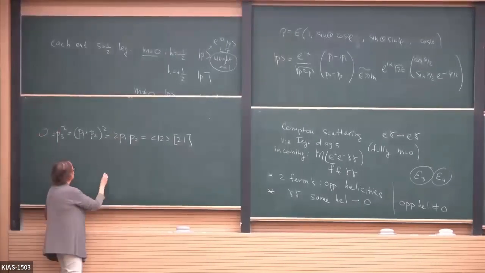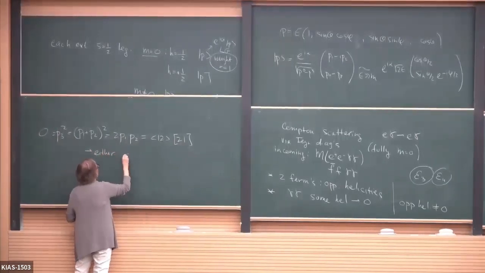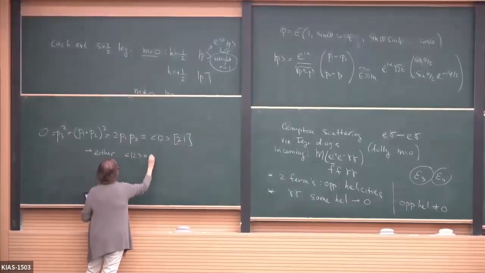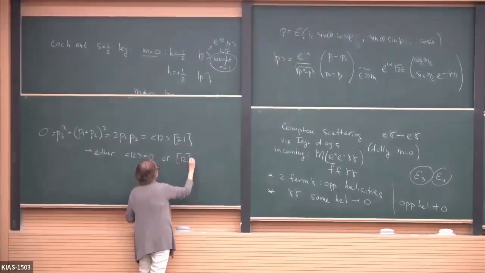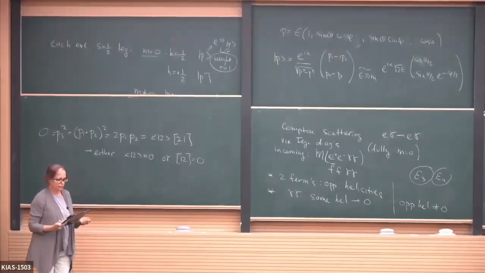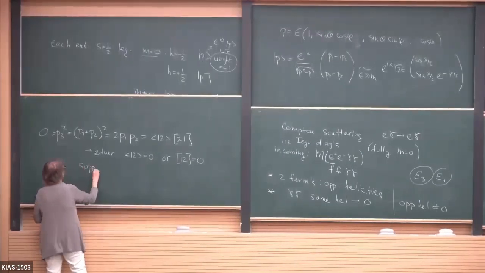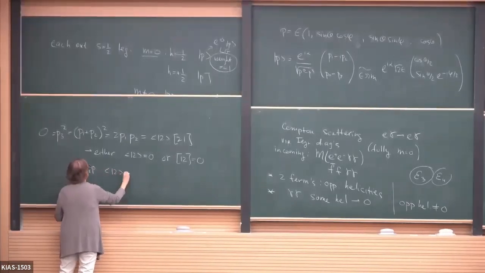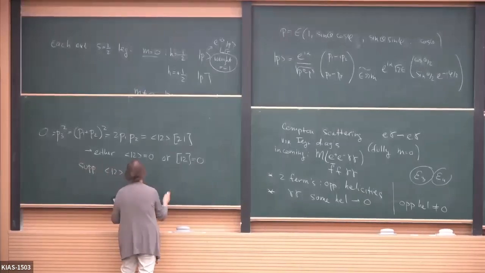So that tells us that either ⟨1 2⟩ is 0 or [1 2] is 0. They can't be non-vanishing together. So let's suppose that [1 2] is non-zero, and this guy vanishes.